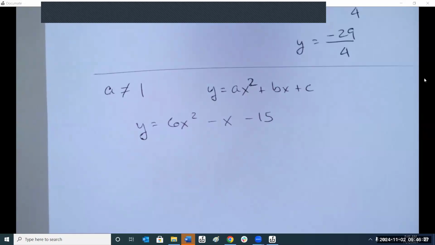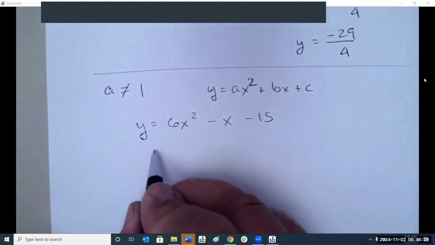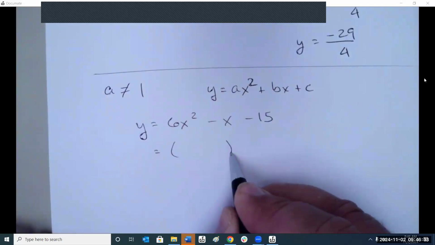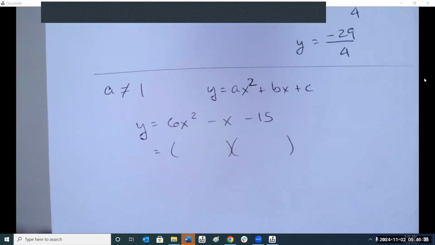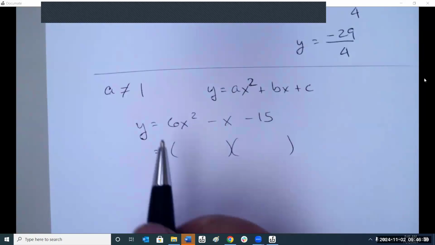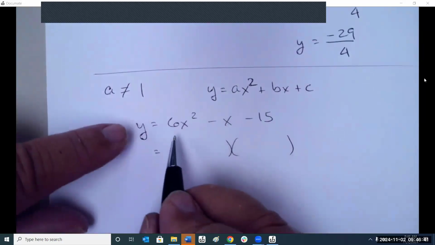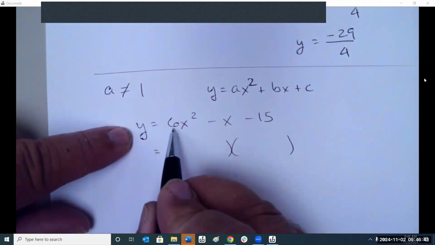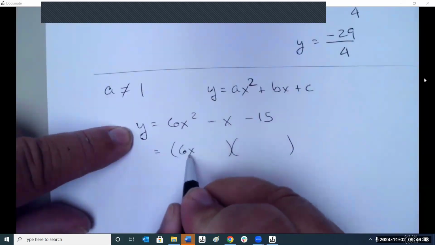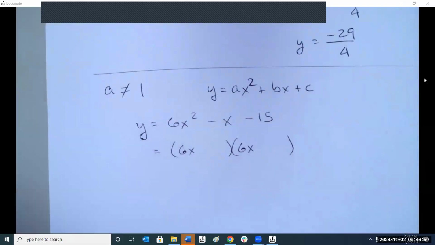Most of the stuff we talked about will work if it's factorable. Since we don't have a 1 here anymore, and we're solving for x, put 6x into both of these.